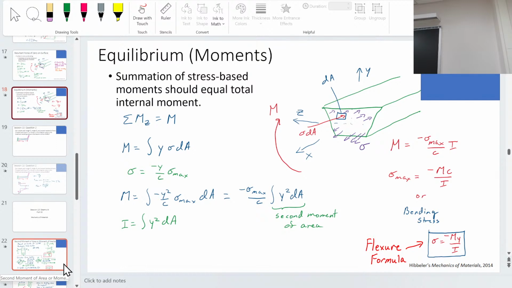That's next session, but the stuff above it is completely relevant to this session. Don't start on the transverse shear; we're going to do transverse shear stress tomorrow.